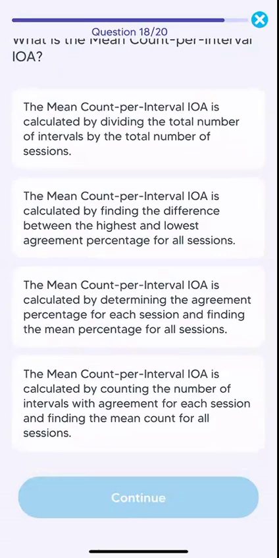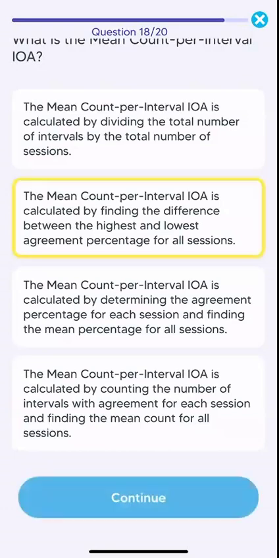The mean per interval is calculated by determining the agreement percentage of each session and finding the mean percentage for all sessions. The mean count per interval is calculated by counting the number of intervals with agreement in each session and finding the mean count of all sessions. Which one do you think?